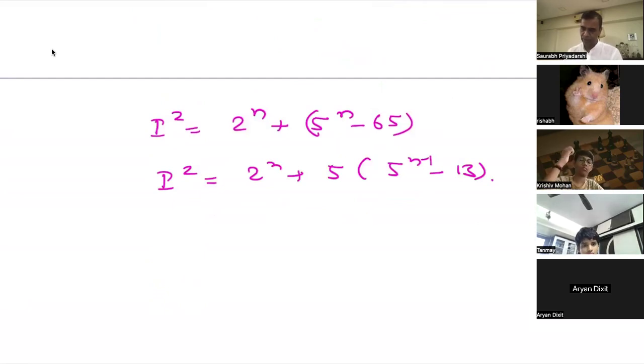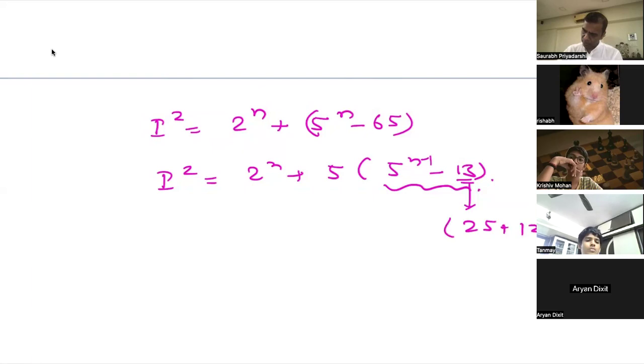So this number is in the form of something, right? When I can say the number is 5. This number 13, I can say, is nothing but 25 plus 12, minus of 25 plus 12.